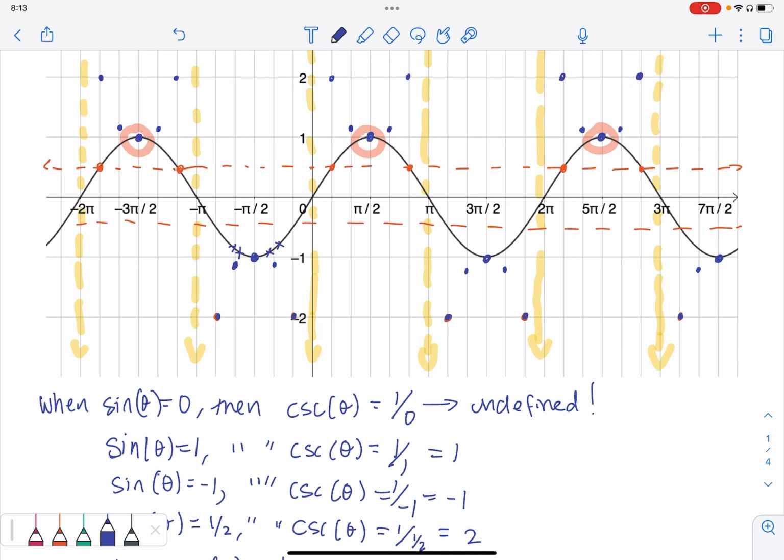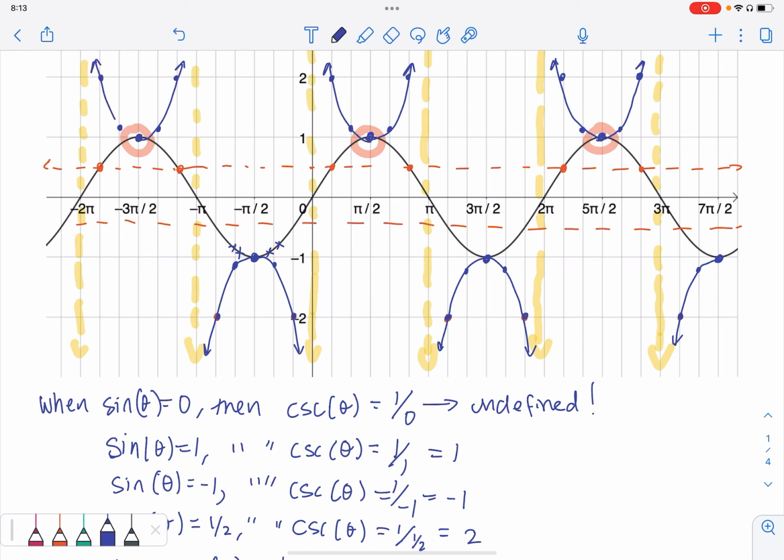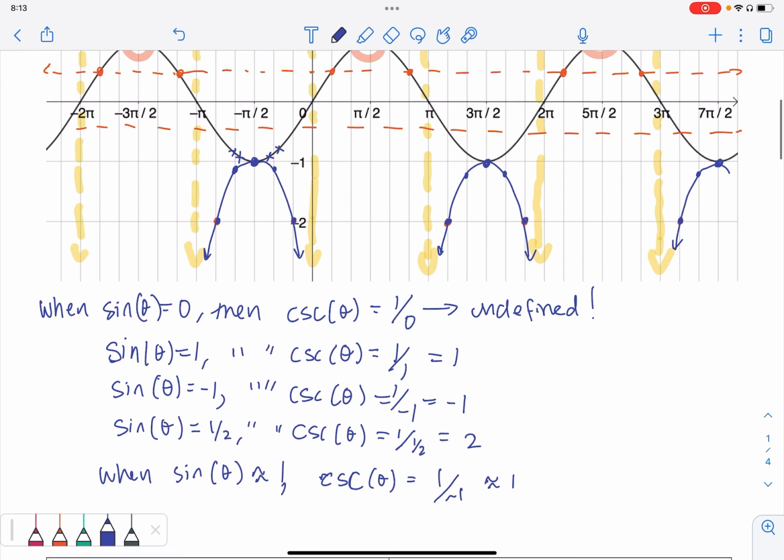So I'm going to start to see that I have this nice cup shape here that's going down, and then the ones on top are just springing from the top like that. So cute. Okay, so that is a little sketch of our cosecant graph, just based on what we know about sine.